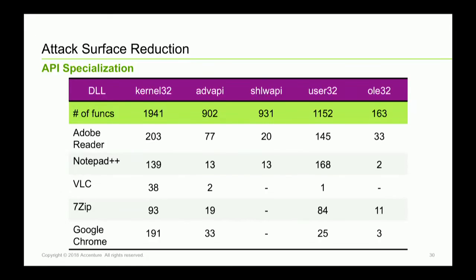You can see that VLC only needed 38 functions out of 1,900. And for ADVAPI, VLC needed only 2 functions, yet there are 900 functions loaded into the address space of the process. Again, it makes no sense. Intuitively, you don't need to overload yourself with all these functions when you can strip them down.